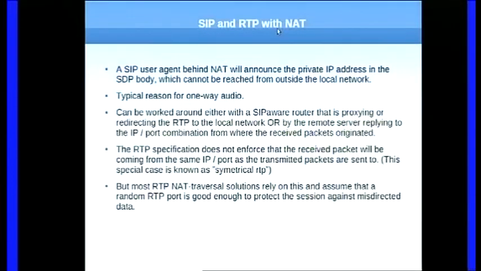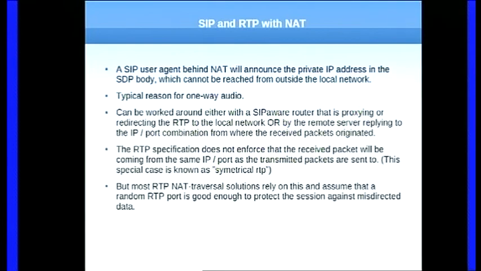The most problems arise when you're trying to use a SIP phone behind a network address translation to connect to some public SIP server. Because in the SIP protocol, when the session is negotiated, both sides just send an SDP message which says, I want to receive my RTP on this IP address and port.